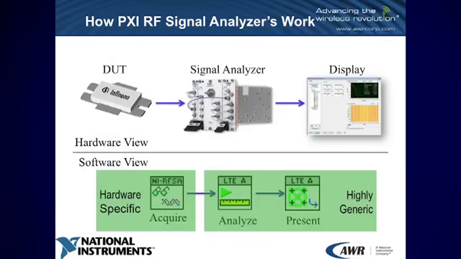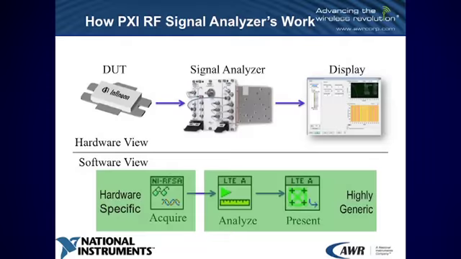It turns out this analysis block can be used either for a real signal from an analog signal analyzer or from the simulation world, from a simulated design such as a power amplifier. So this particular block is hardware specific, but this block or series of blocks is highly generic, which means I can create any signal I want and demodulate it using these blocks in LabVIEW.